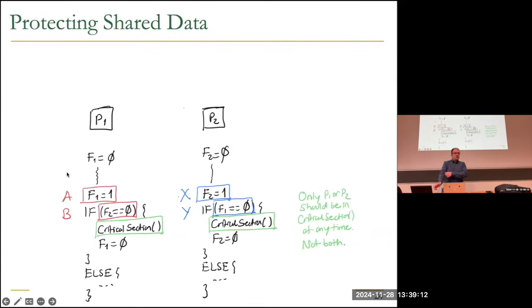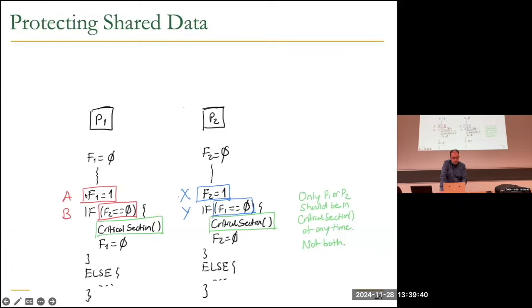Okay. So I want to explain this with this example here. Assume that we have two processors, P1 and P2, and two synchronization variables, F1 and F2. Both of them are initialized to 0. After some time, you have a critical section here, and you're controlling access to the critical section by these synchronization variables.